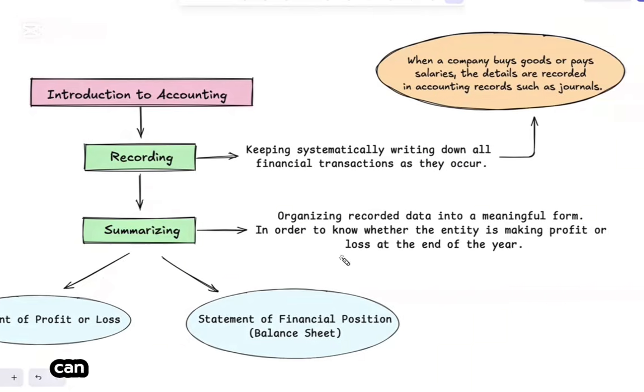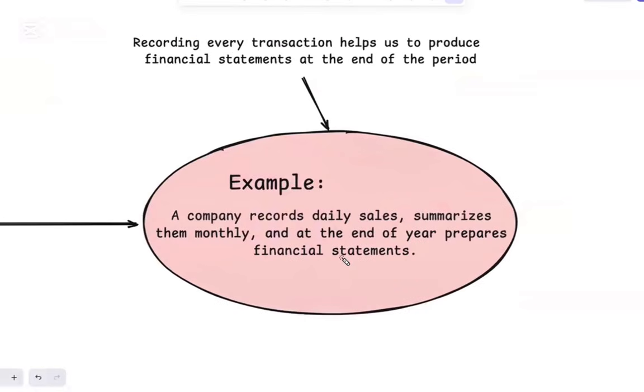As you can see here, recording every transaction helps us produce financial statements at the end of the period. For example, a company records daily sales, summarizes them monthly, and at the end of the year prepares financial statements.